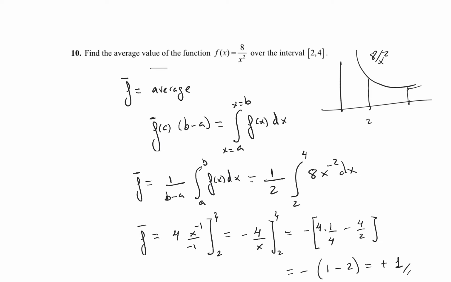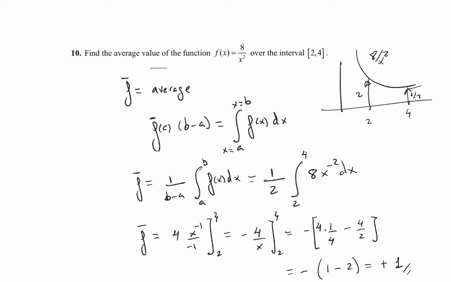When x is 2, the value is a divided by 4. And when x is 4, 4 squared is 16, so the value of the function is a divided by 16. So the average value is between these two values.